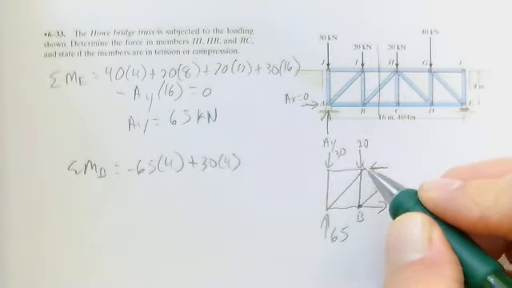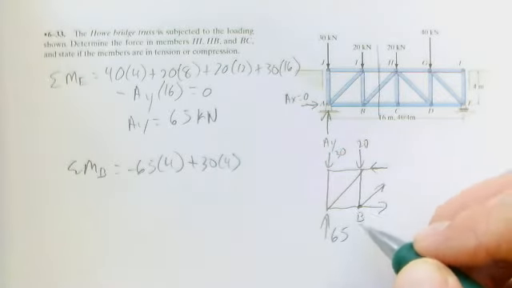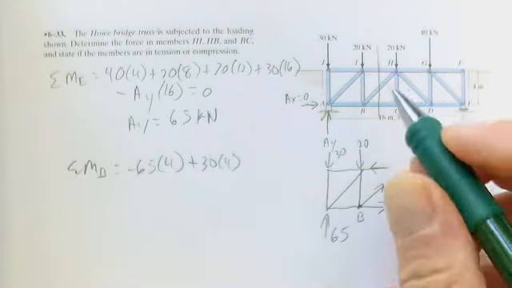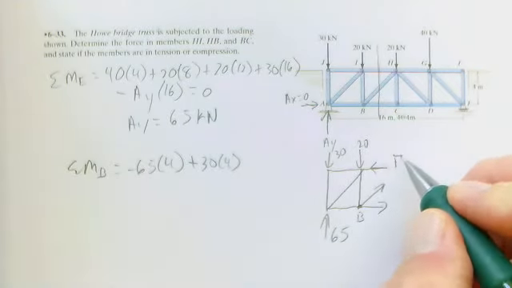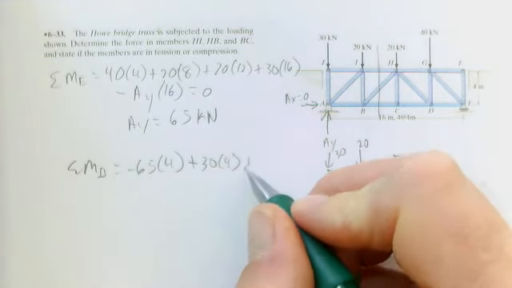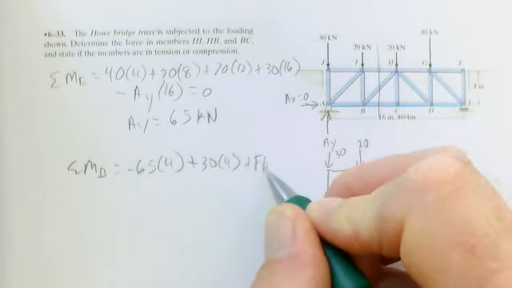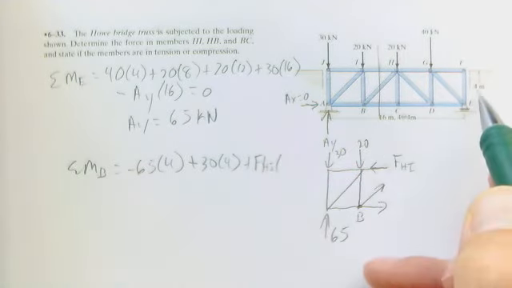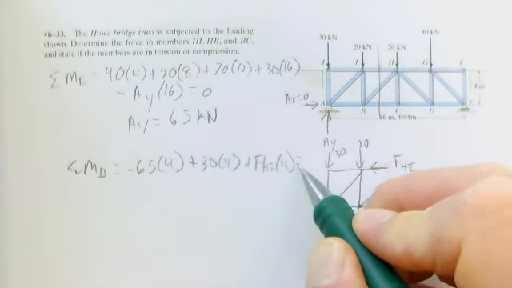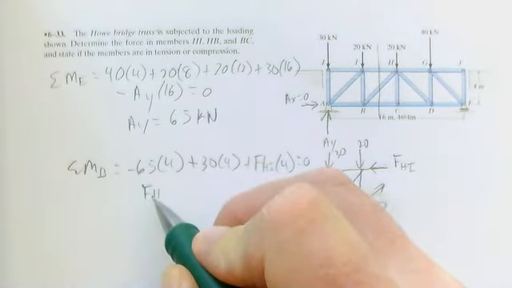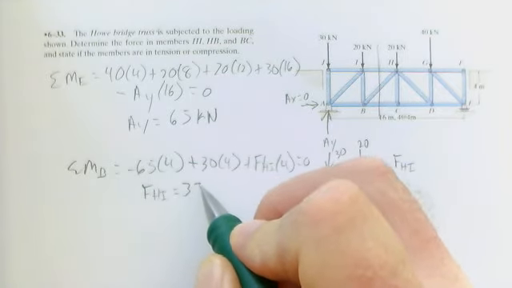And the 20 doesn't matter, it goes through it. So all we have here is FHI, and that's going to cause positive rotation, so plus FHI times this height here, which is 4, and that all equals 0. So FHI equals 35.